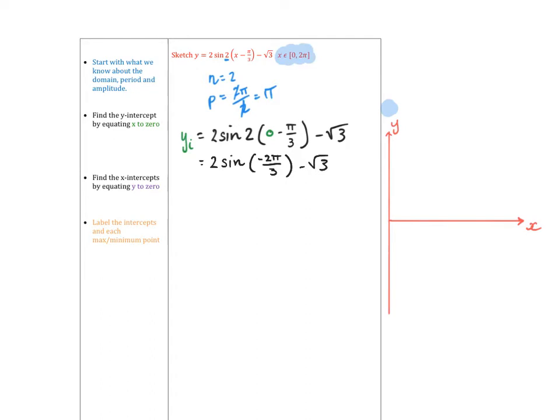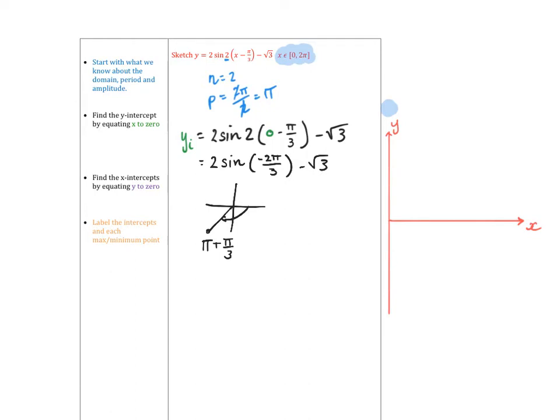Now, finding sine of negative 2 pi on 3 is somewhat difficult. This is effectively looking at negative 120 degrees. So if we imagine our little unit circle, we're going in this direction 120 degrees. That means that we've got really the equivalent of pi plus pi on 3.